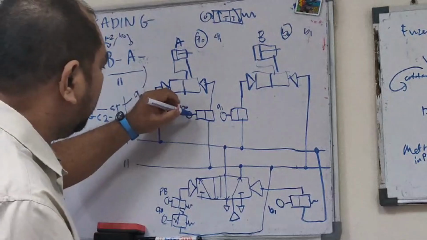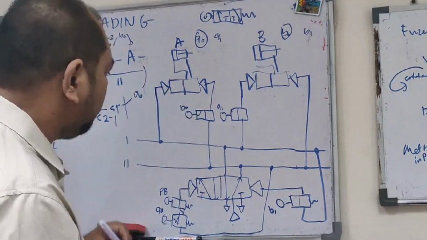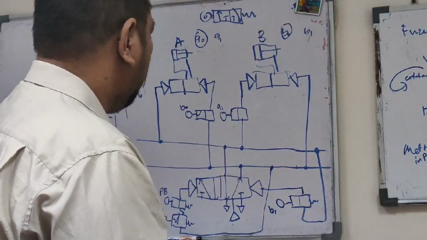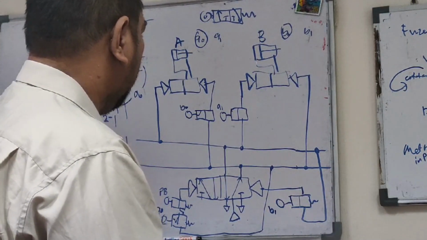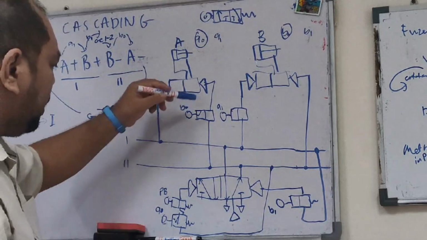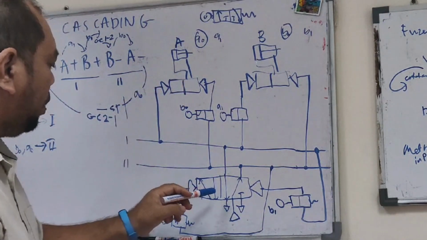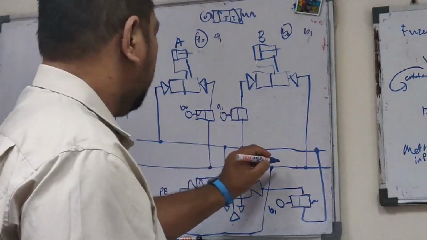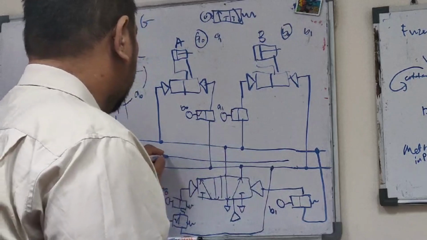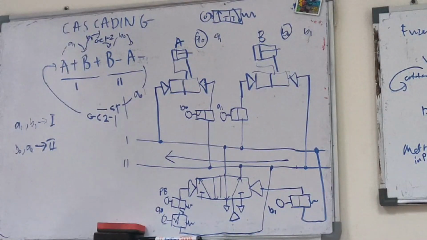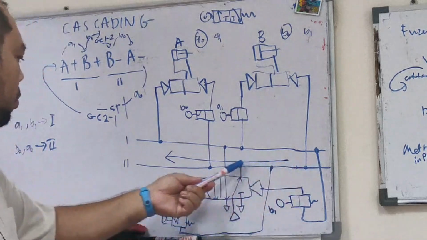Even though A0 and B0 activate, it is still in group 2. So now the power is in here. Before you push the start, the power is activated in group 2.